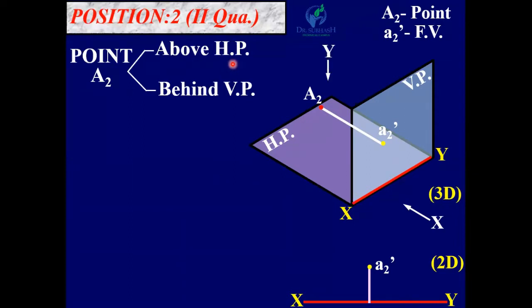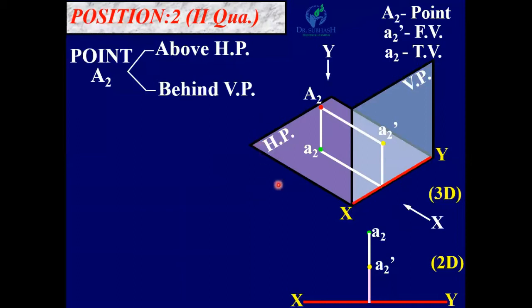Now looking from the top, from this direction Y, the top view projection of A2 on HP is denoted by small a2. If we rotate this plane in the clockwise direction by 90 degrees, this a2 will be above the XY line. So in 2D, you can draw it here.